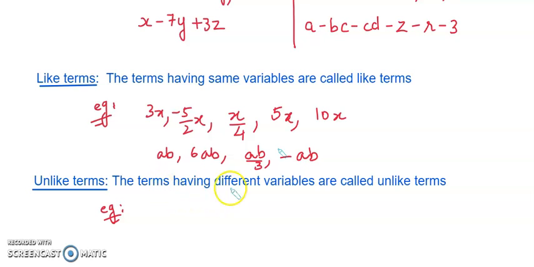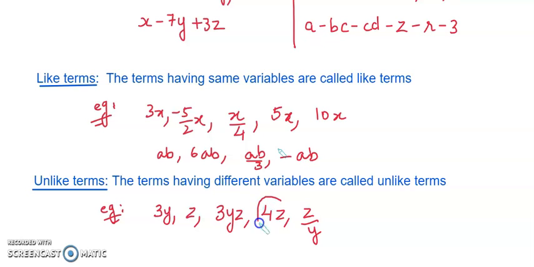Whereas the terms which have different variables are called unlike terms. Like 3y, z, 3yz, 4z, and z upon y. If you look at this particular bunch, this 4z and z are like terms because they have the same variable.